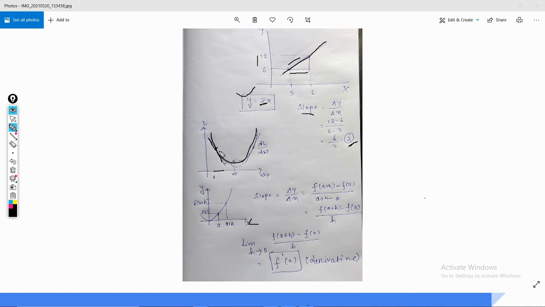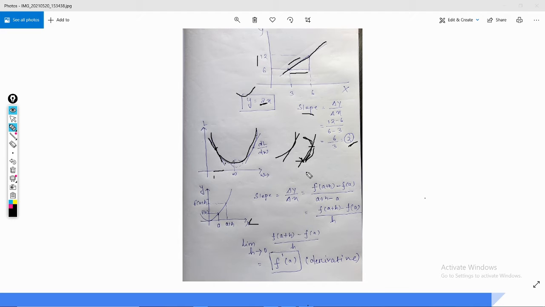Because in a curve, if you pass a straight line and zoom into this particular area, you can see the straight line will not go through a single point; it will go through 2 points. So if we want to find the tangent at that particular point, we need to minimize this distance to come to this point.